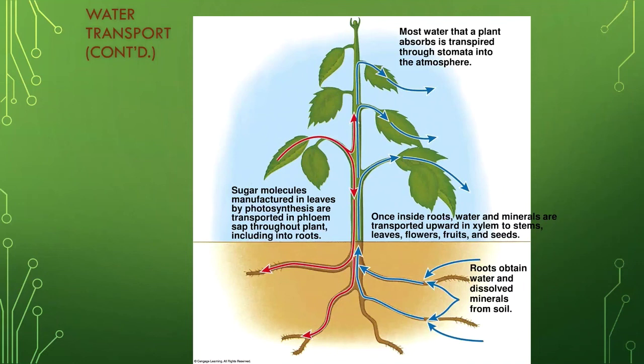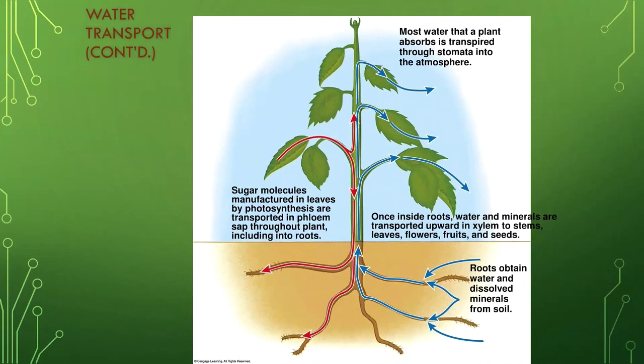Once it enters through the roots, the water and the minerals are transported upward in the xylem to the stems, the leaves, the flowers, the fruits, the seeds, all throughout. And no pumps are doing that.